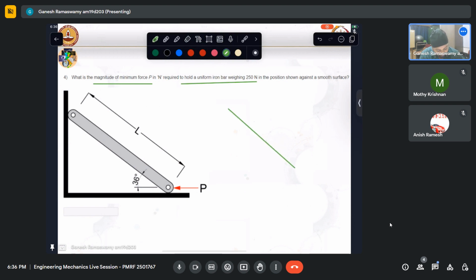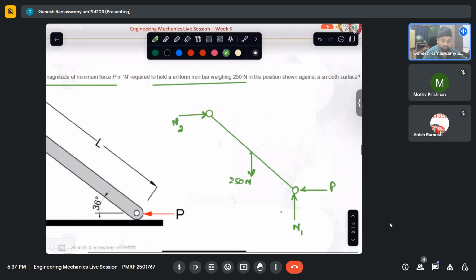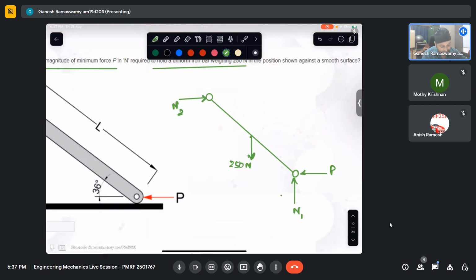Let me just draw it like that. And then there is its force, 250 Newton, acting. If I draw its free body diagram, it will be something like this. P, this is N1, this is N2, both given by the floor. And there is no friction in the system. And this is given to be some theta.